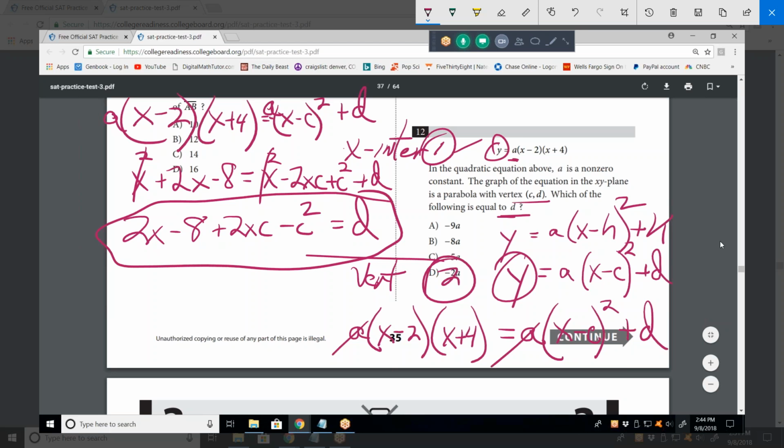Now, how are they getting all of those variables to go away? Here's what I think they're doing.